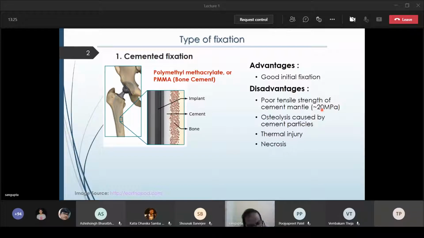If you go towards fatigue, it will come down to 7 to 8 MPa, say at 500,000 cycles. So that is pretty low. So cement may actually crack at a very low tensile stress generated within the cement mantle. It's highly prone to cracking.